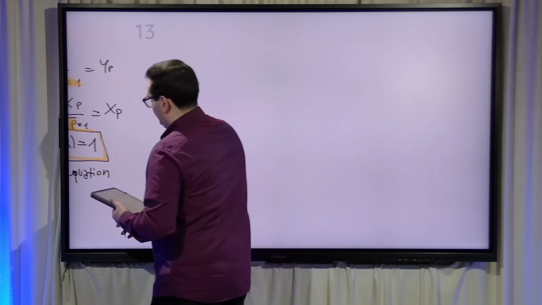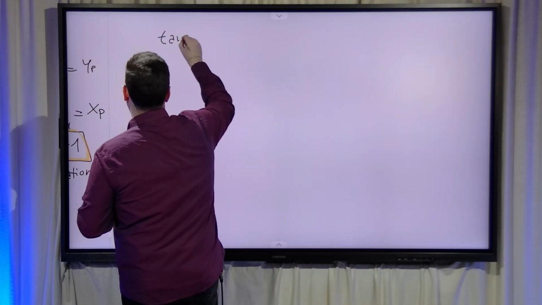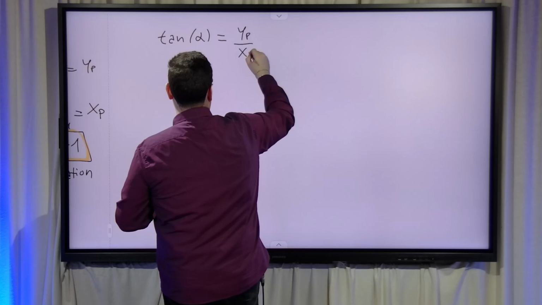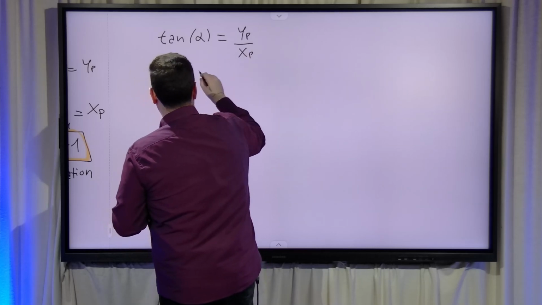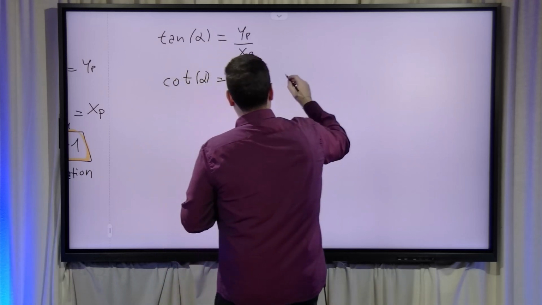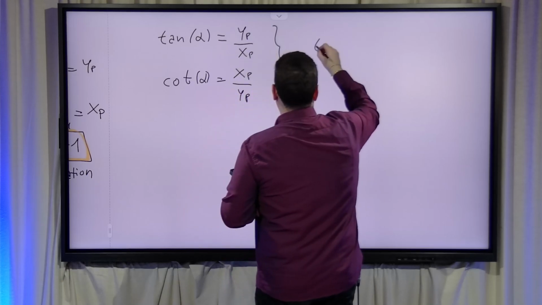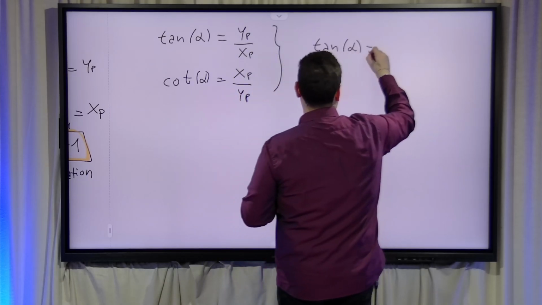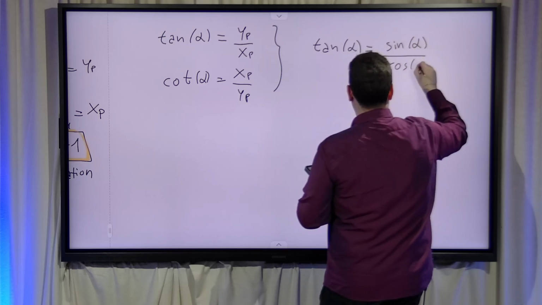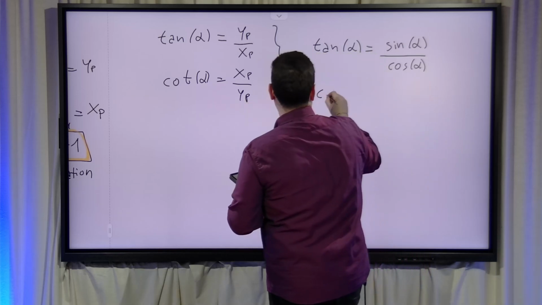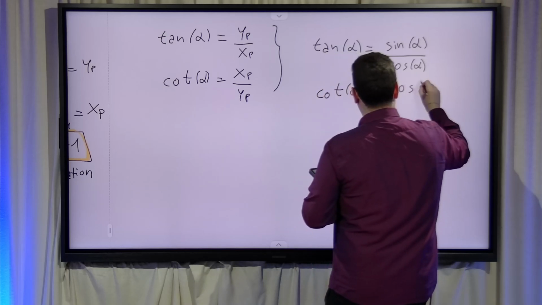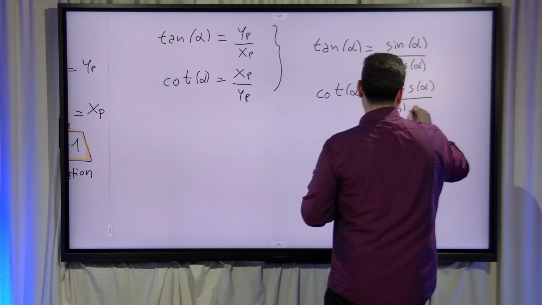Let's also define the tangent of alpha as yp over xp and the cotangent of alpha as xp over yp. From this one we can see that the tangent of alpha is equal to sine of alpha over cosine of alpha, and the cotangent is equal to cosine of alpha over the sine of alpha.